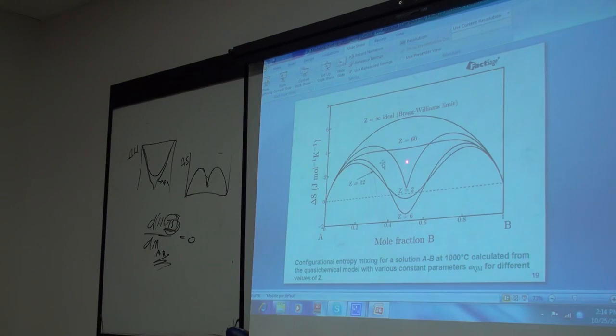Then it comes back up and as Z becomes larger, it comes back in very soon. So using larger values of Z than 2 has the same effect of rounding things off, but it also has this unfortunate effect of making a slightly negative excess entropy in the middle if you have a very large negative value of omega. If the value of omega is only slightly negative, it doesn't make much difference.